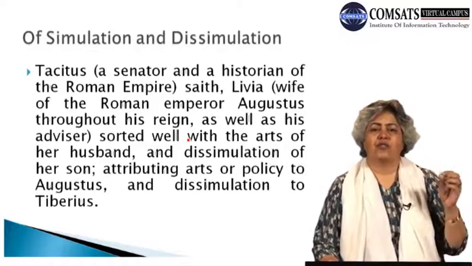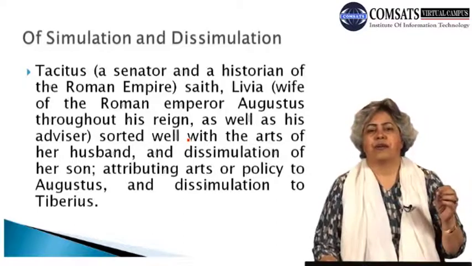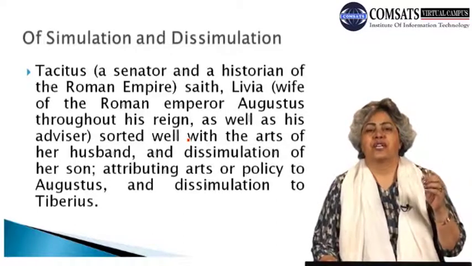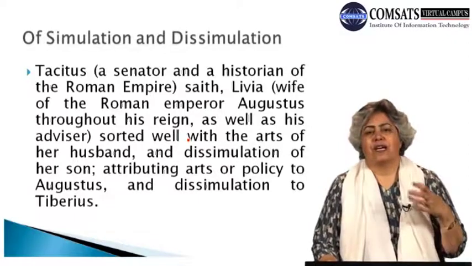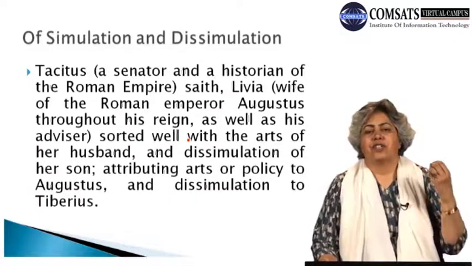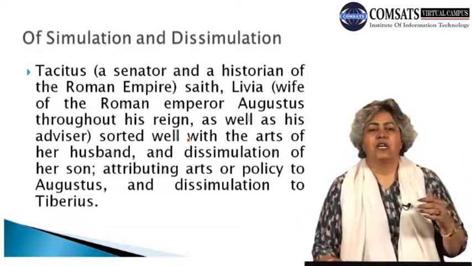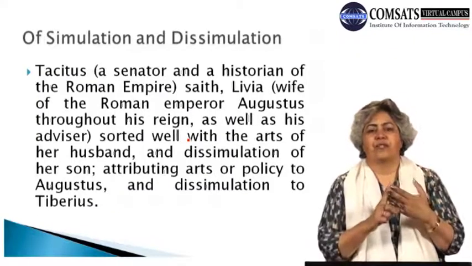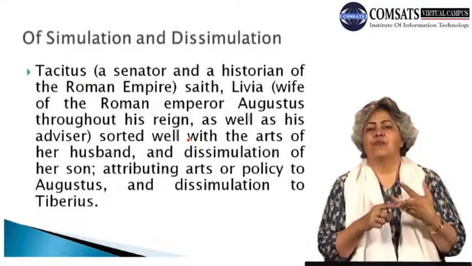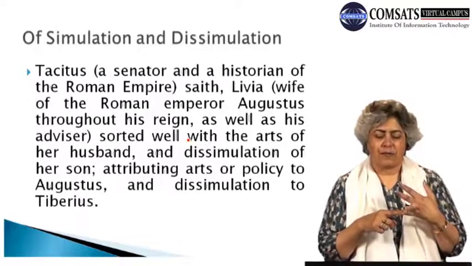Now Tacitus, who was a senator, a writer, and a historian of the Roman Empire, is quoting Livia. And he gives the example of Livia and says that she was that wonderful lady who could put up with two emperors, one of whom was her husband and the other her son.